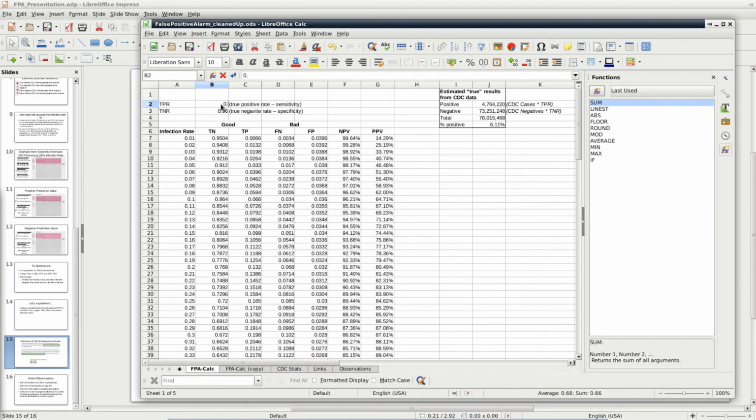Anyway, I invite you to go ahead and download the spreadsheet and mess around with it and understand what's going on here. For the average person, grab this spreadsheet and try to understand what I'm saying here.